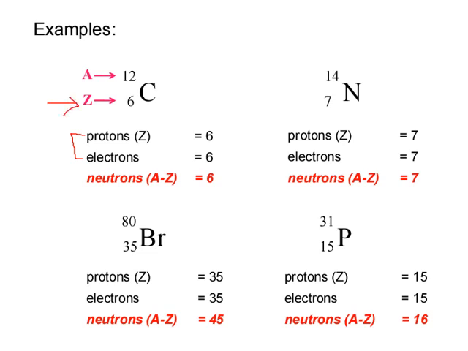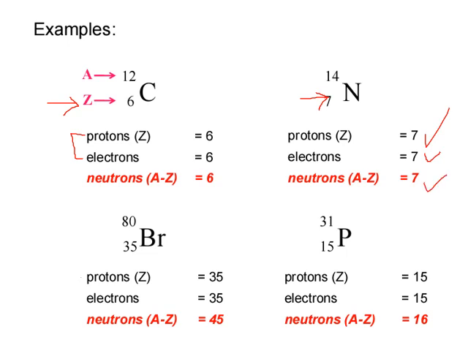Okay, so the next example is nitrogen. Nitrogen has mass number 14 and atomic number 7. So proton and electron are both 7. But for neutron, you have to subtract: 14 minus 7 is equal to 7.